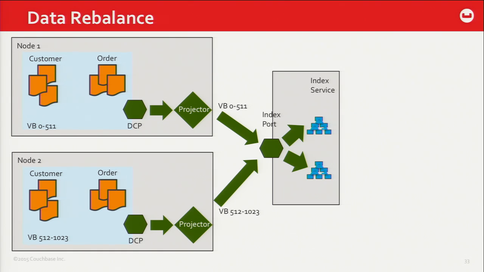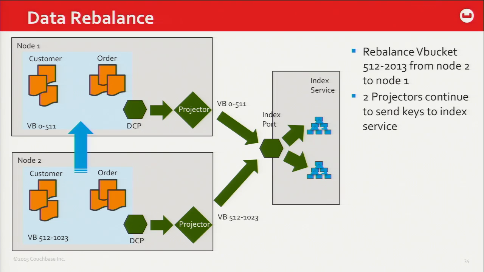Now let's say that we want to take out node 2. As the rebalance goes on between node 1 and node 2, since we are taking out node 2, the rebalancing will propagate the existing data and mutations to node 1.